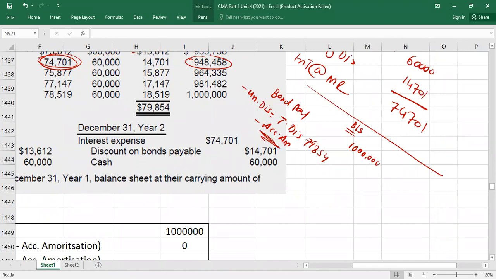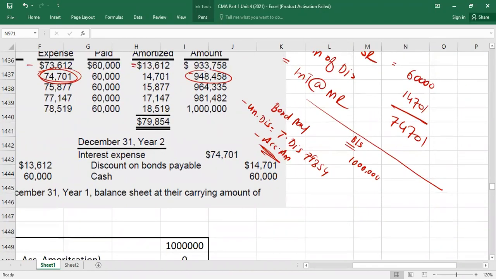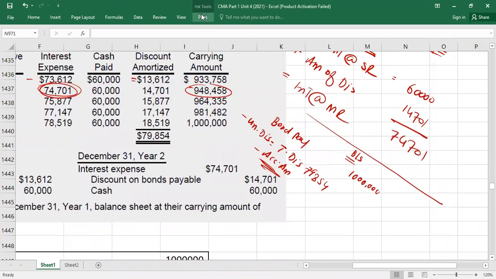So this is the amortization column. I will add these two values. This is accumulated amortization. How much is it? 13,612 plus 14,701 is 28,313. So once I deduct, I will get the unamortized discount.